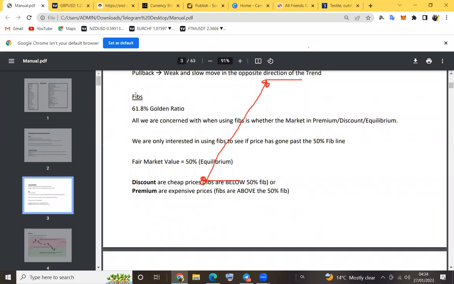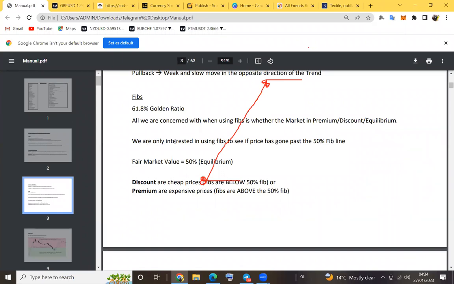So FIB 61.8 is a golden ratio. All we are concerned with when using FIB is whether the market is at premium, discounted, or equilibrium price. Listen to me.